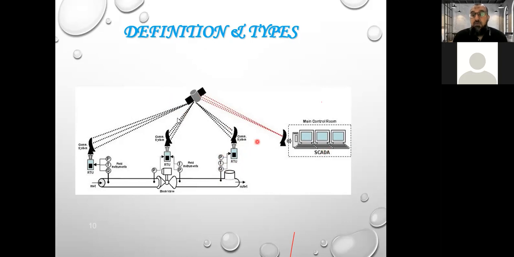Then this will be transmitted to the main control room, where the operators sit to monitor the devices. Here, the person will sit at a computer. He will monitor everything on the pipeline.